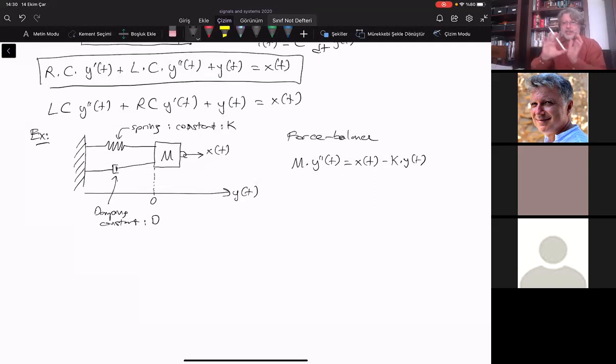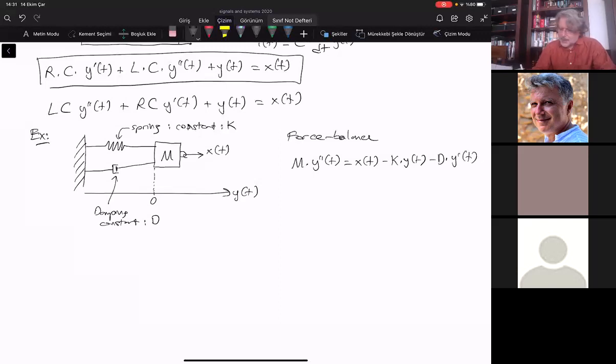If you push the injector very fast, it resists, but if you push it slowly, you can easily make a medical injection. So it's something like that. The damper is actually something like that injector mechanism. And that is therefore a constant times the velocity, which is y prime of t.